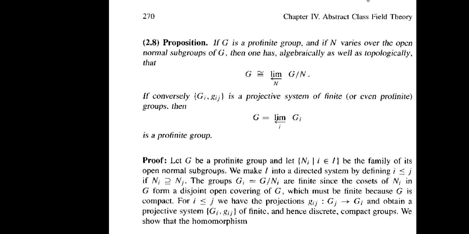If G is a profinite group and N ranges over the open normal subgroups of G, then one has an algebraic as well as topological isomorphism. Conversely, if this is a projective system of finite groups, then its projective limit is a profinite group.